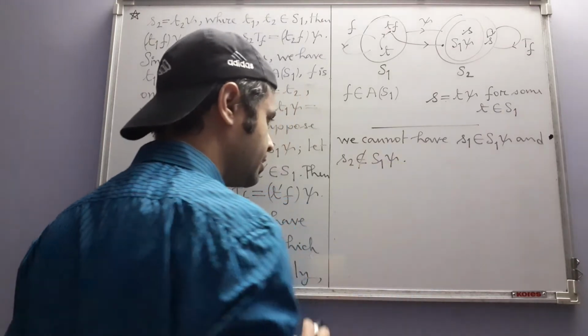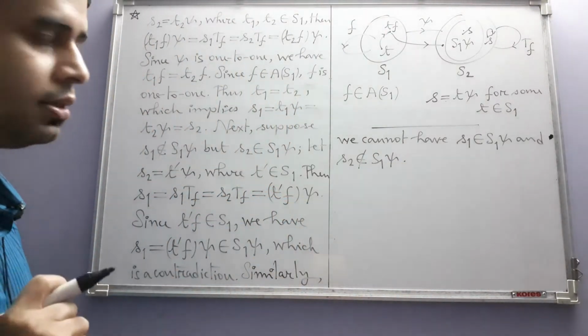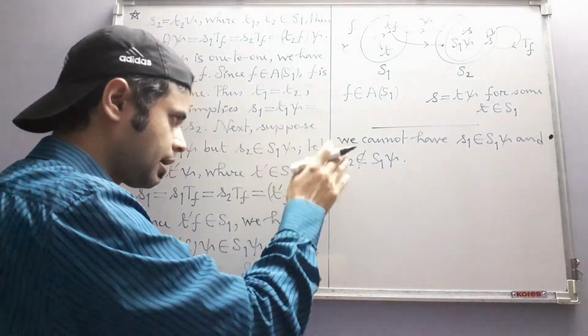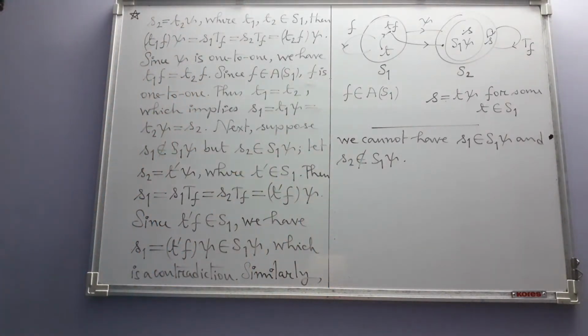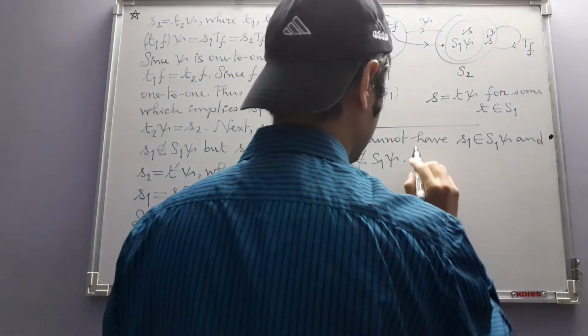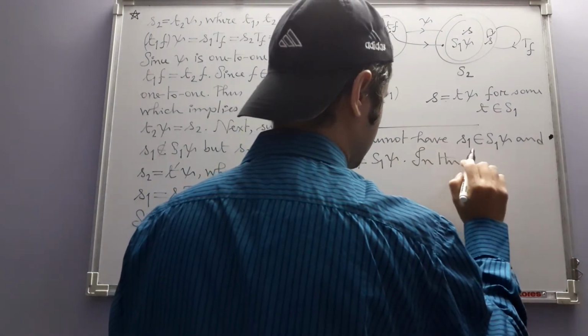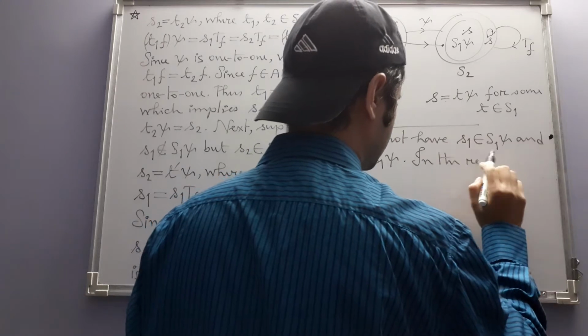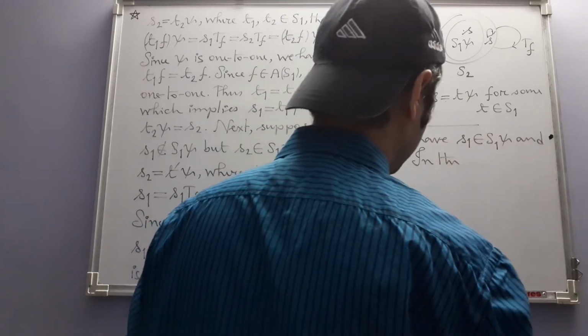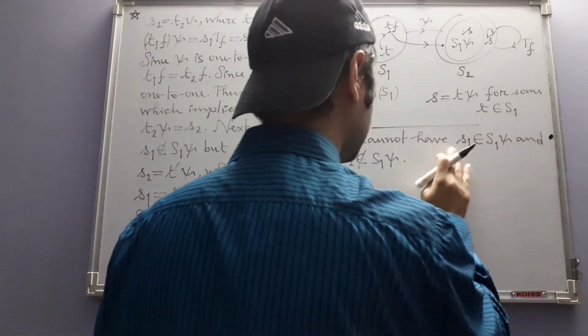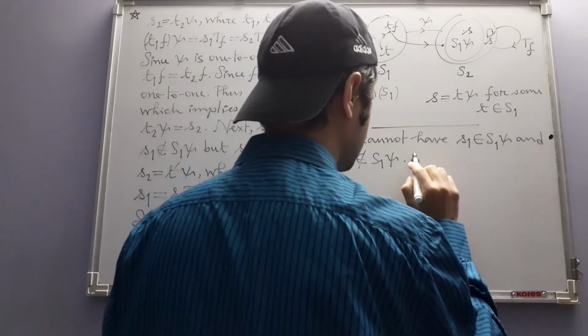If we want their TF images to be equal, this other case also cannot occur. I should not say remaining, so we can just conclude like this.